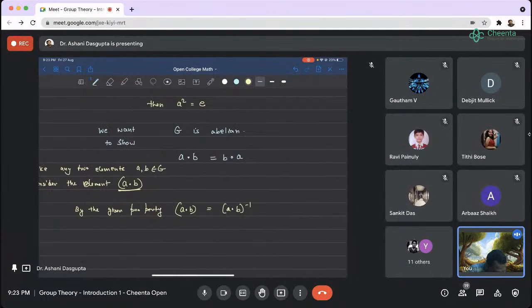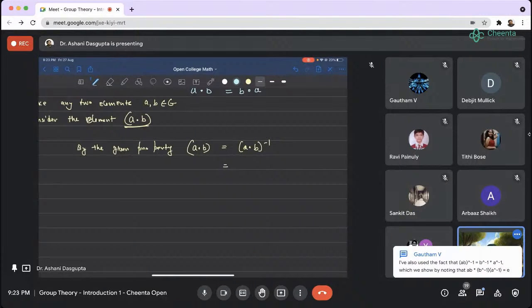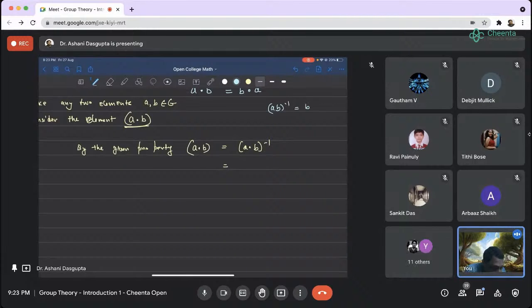So what can we say? Well, there is a very powerful but simple formula for the inverse of a product: AB inverse is B inverse A inverse. So this is something that we need to use here.